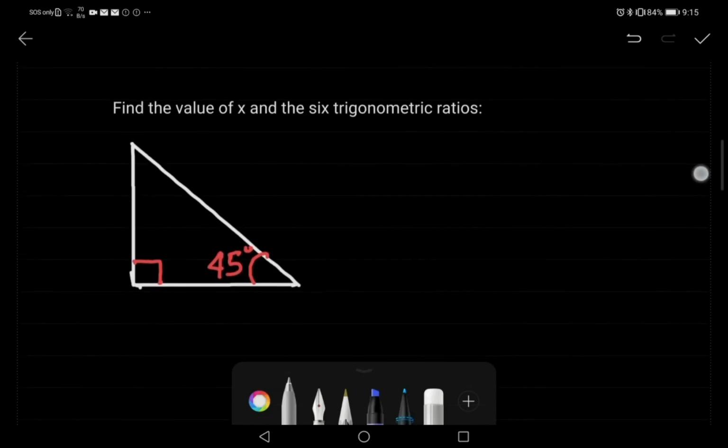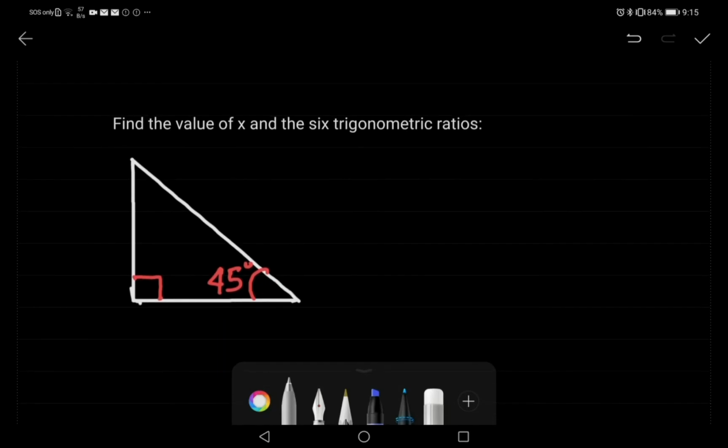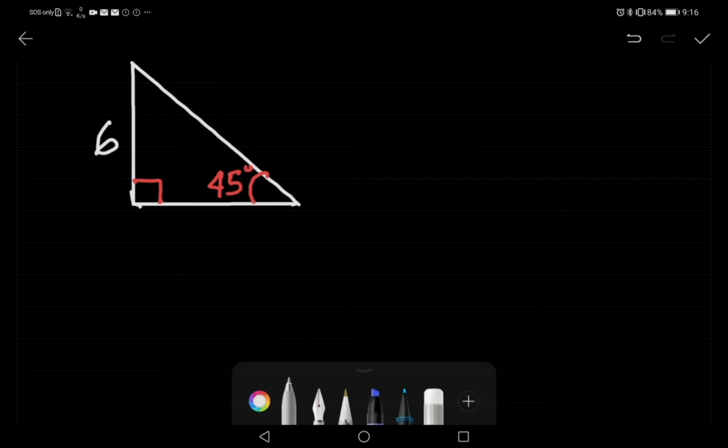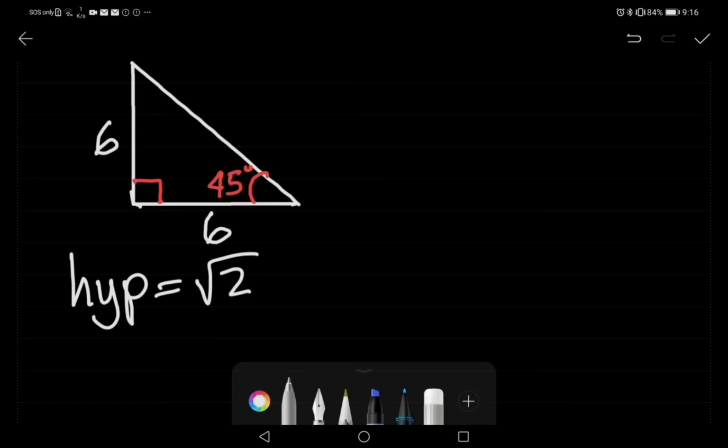Okay, we have here the problem. Find the value of x and the 6 trigonometric ratios. For example, we have here 6. This side here is also 6. And to solve for the hypotenuse, hypotenuse equals square root of 2 times the leg.